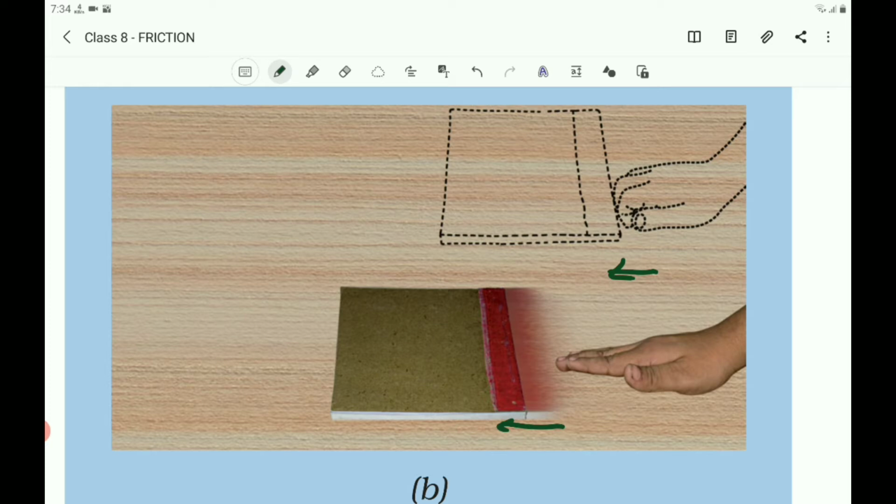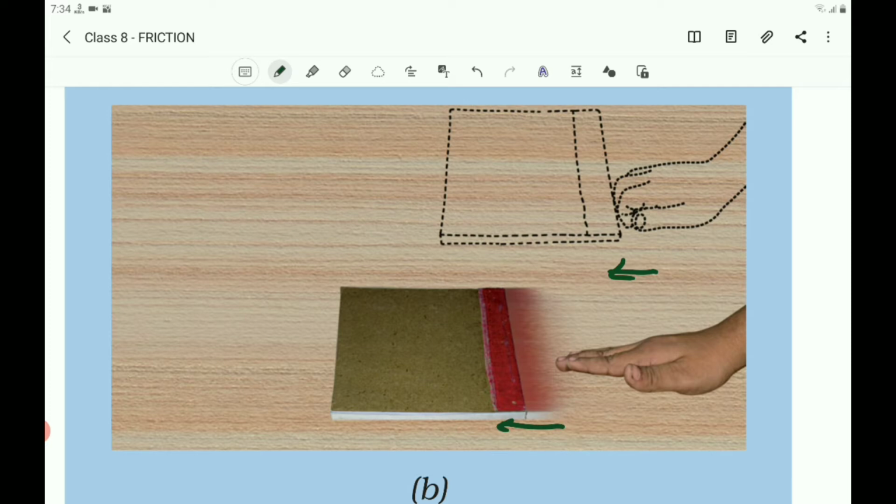And also you know that the driver of a car or a truck slows down the vehicle at a traffic signal, and you too slow down your bicycle whenever needed by applying brakes. Have you ever thought why a vehicle slows down when brakes are applied?